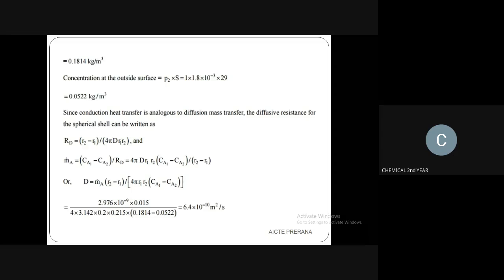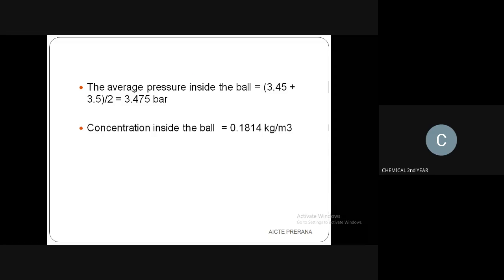You will get the answer as 0.0522 kg per meter cube. This is the concentration at the outside surface, and the earlier one is the concentration inside the ball.